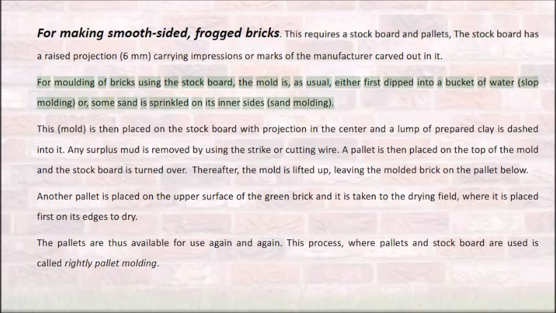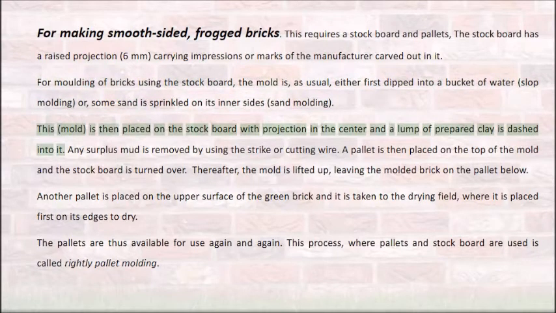For moulding of bricks using the stock board, the mould is, as usual, either first dipped into a bucket of water, slop moulding, or some sand is sprinkled on its inner sides, sand moulding. This mould is then placed on the stock board with the projection in the center and a lump of prepared clay is dashed into it.